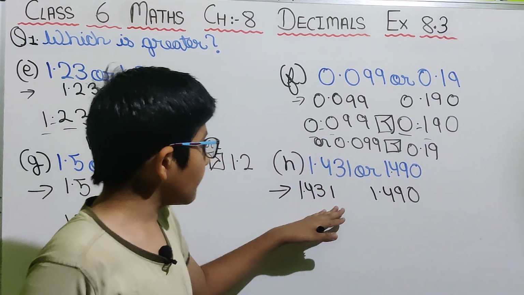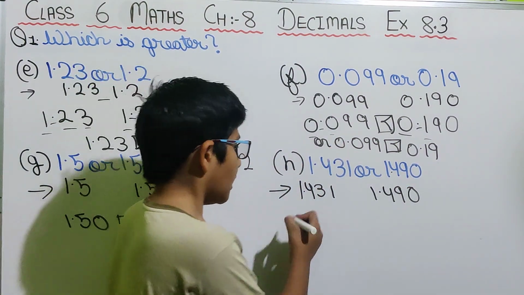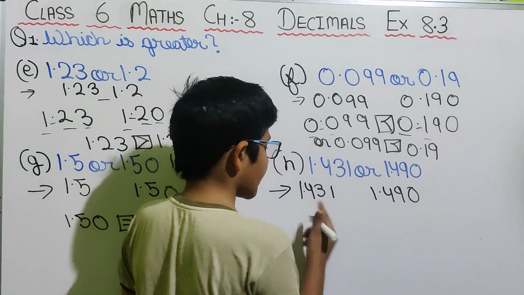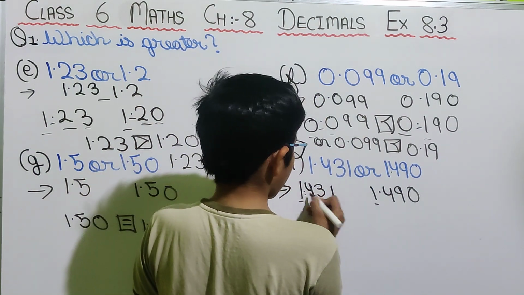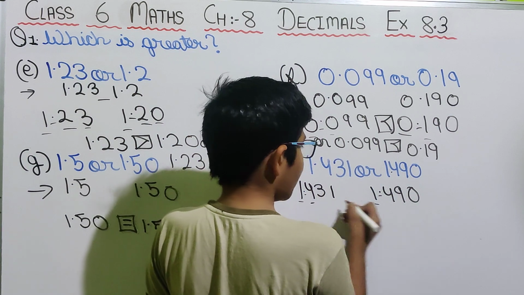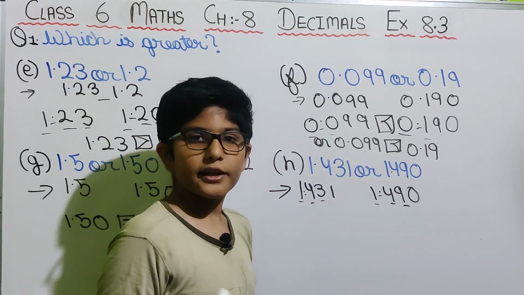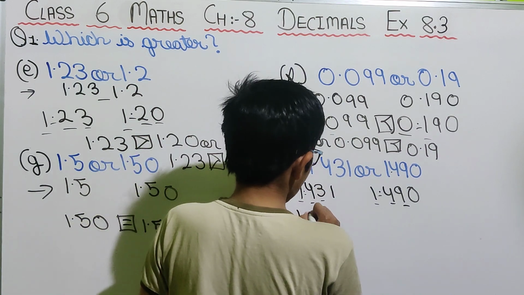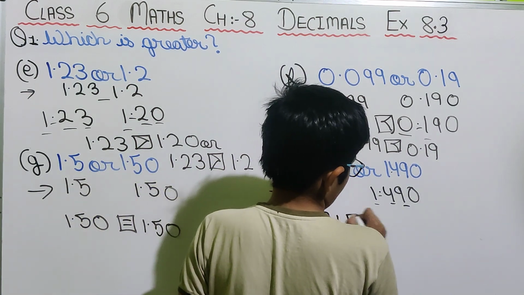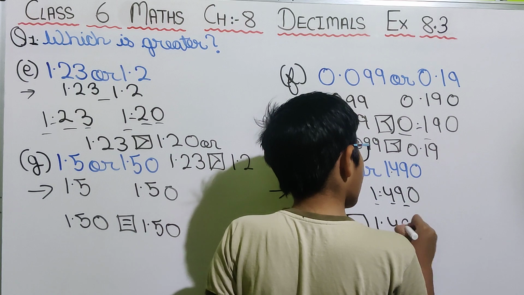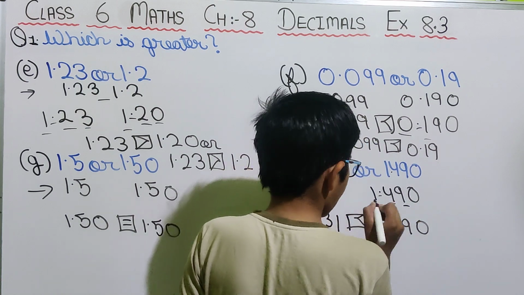Here 1.431 and 1.490. Both numbers are the same at first. Here 1, here 1. Here point, here point. Here 4, here 4. Here 3 and here 9. Which is bigger? 3 or 9? 9. So 1.490 is our correct answer.